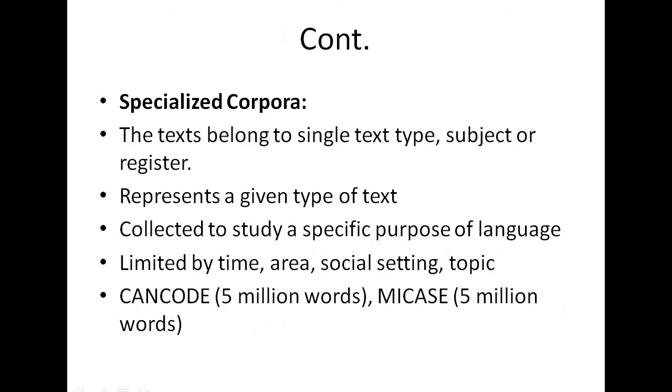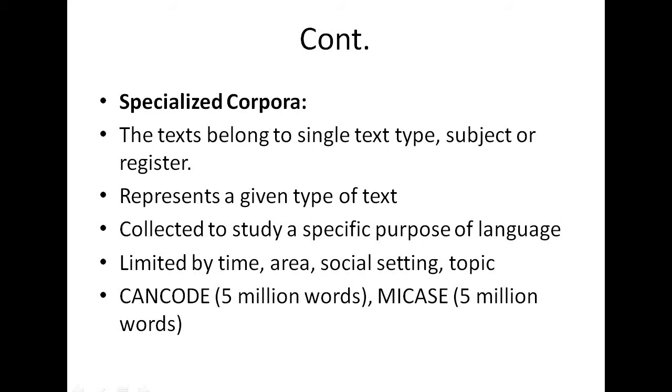Then the second type of corpora is specialized corpora. The first was general. This is a specific kind of corpora because the texts belong to a single text type, subject or register, the very reverse of general or reference corpora. It contains the text of a single type.